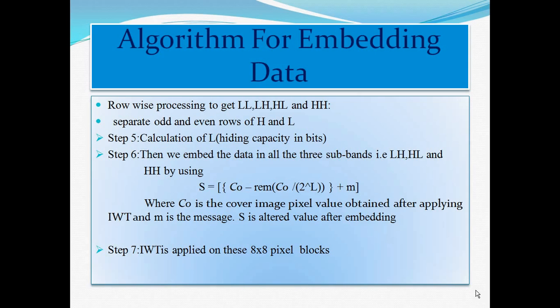Once we find the hiding capacity, we embed the data in all three domains LH, HL, and HH by using the formula. These three domains are obtained when we apply the integer wavelet transform. The integer wavelet transform gives four bands, LL, LH, HL, and HH, but we perform embedding only in three subbands, the LH, HL, and HH, and leave alone the LL band because it is of low frequency.